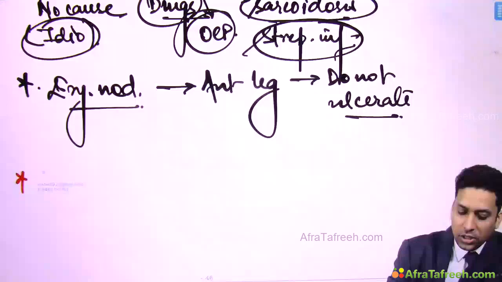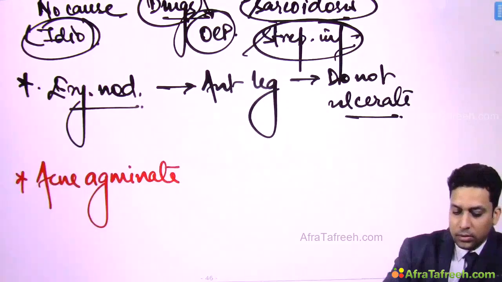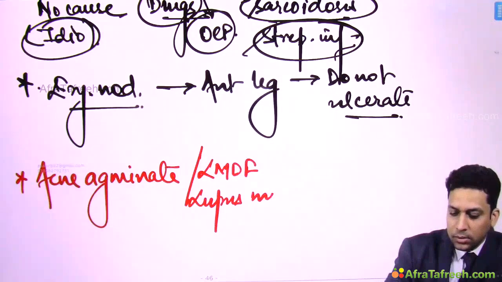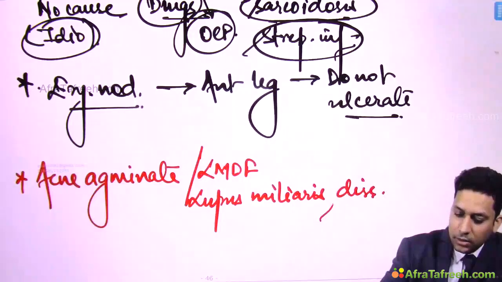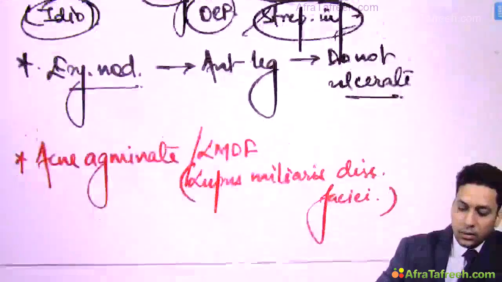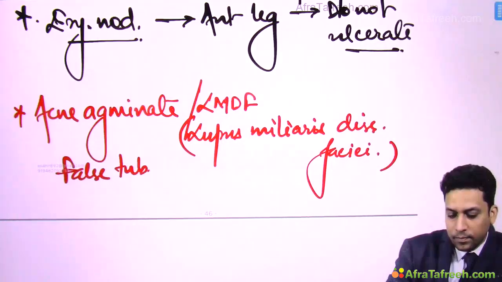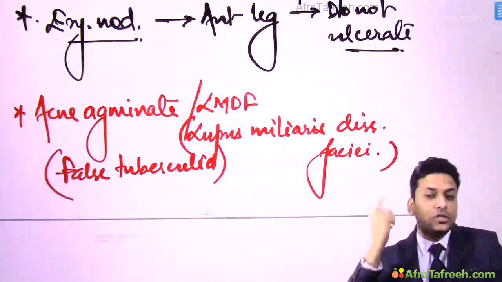Then there is one more condition known as acne agminata, also known as LMDF, lupus miliaris disseminatus faciei. This is a false tuberculid. Now why is this a false tuberculid?